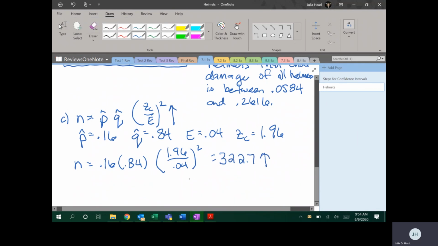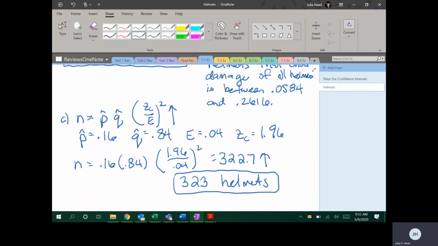But again, we round up, so we get 323 helmets. Now, that's still a lot of helmets to waste, but it's not nearly as bad as the 600 we answered in part A. So that helps.